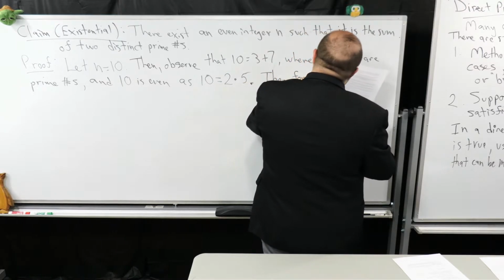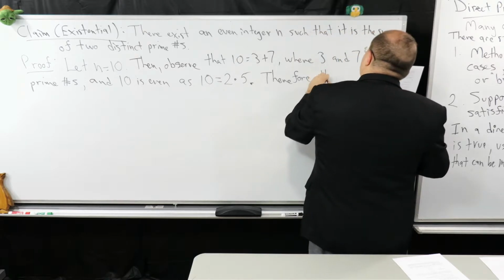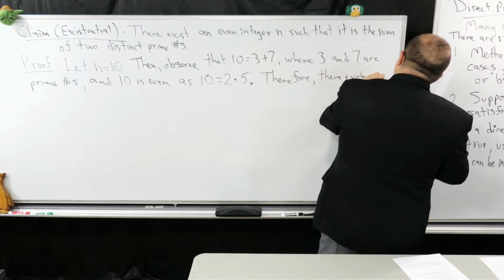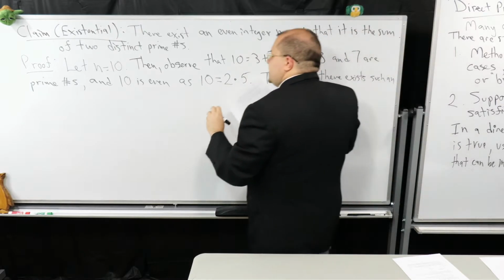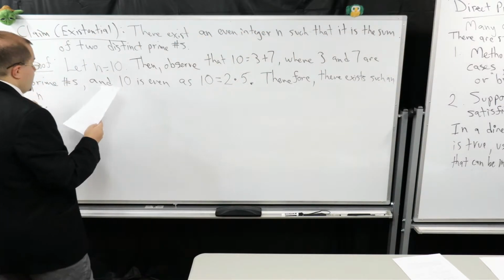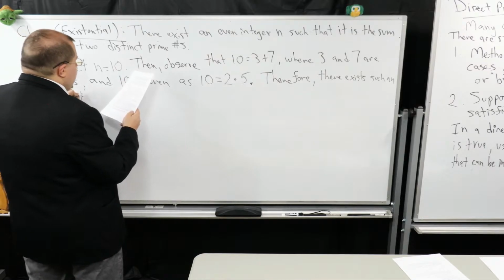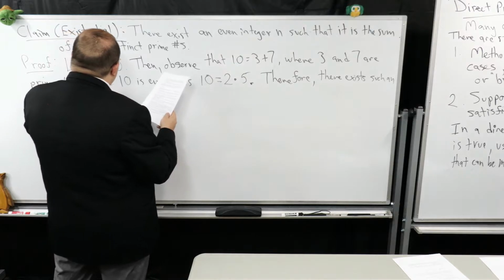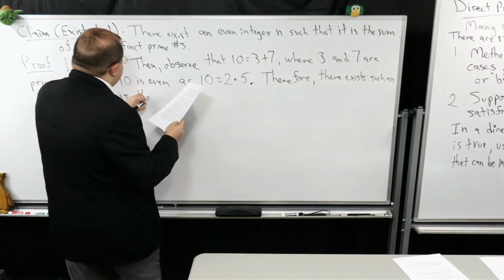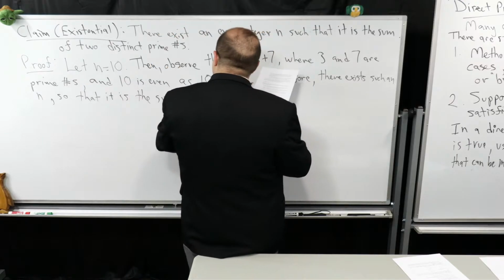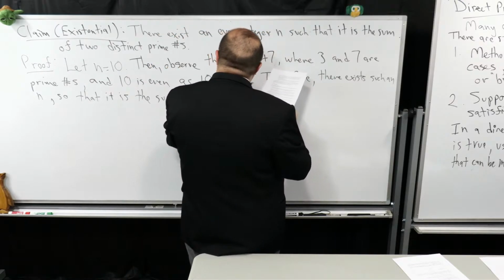Therefore, there exists such an n so that it is the sum of 2 distinct prime numbers.